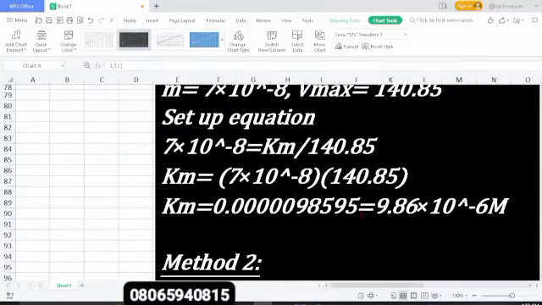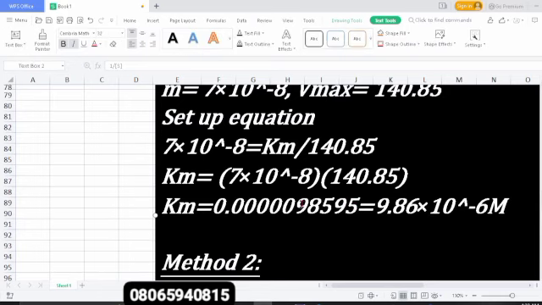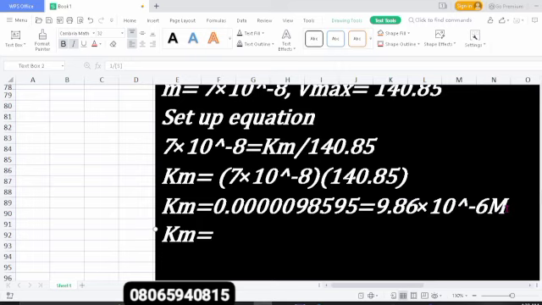How? Now, look at this value that you have here. What if you want to approximate this value? If you approximate this value, what do you think you're going to get? Think about it. You're going to have something like this. Km equals 0.0000. So 4 of those zeros, there's 1 zero left here.